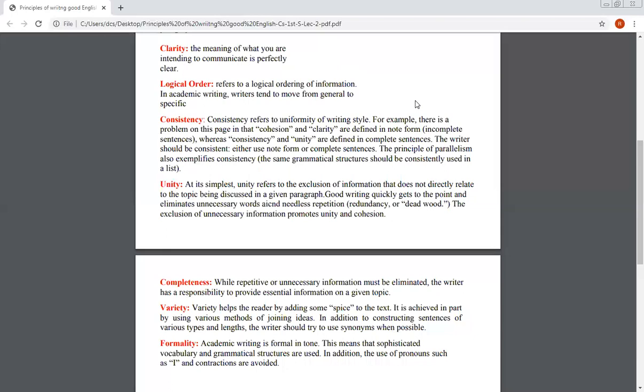Good writing quickly gets to the point and eliminates unnecessary words and needless repetition, which is also known as redundancy or dead words. The exclusion of unnecessary information promotes unity and cohesion. So unity, we also use in the form of a phrase, unity of ideas.